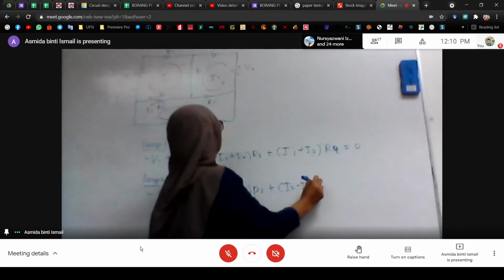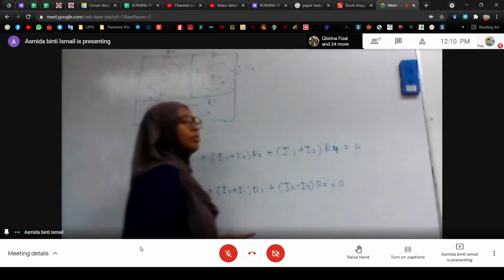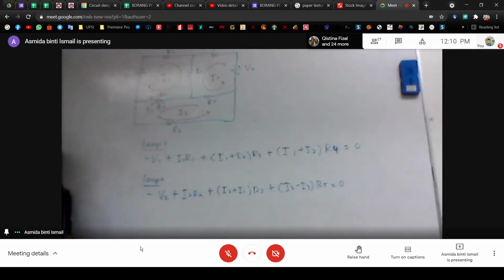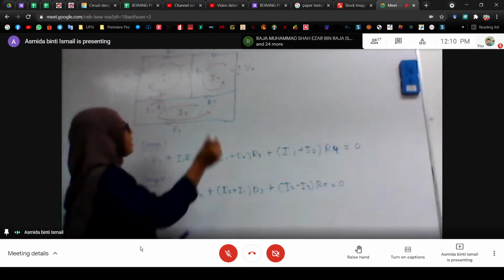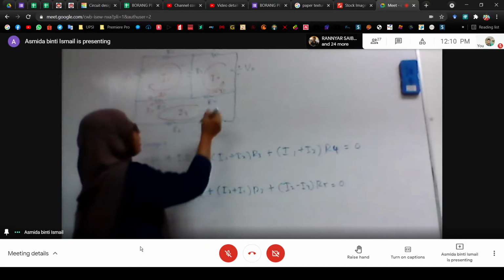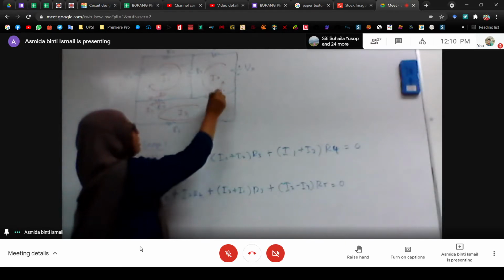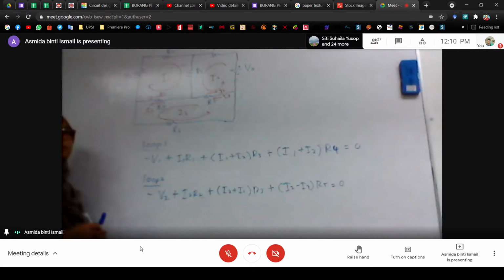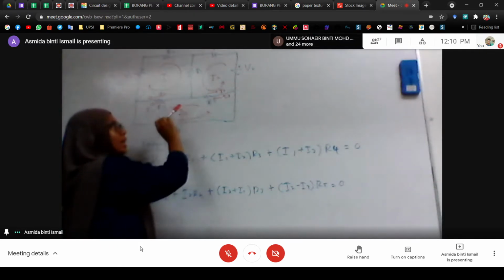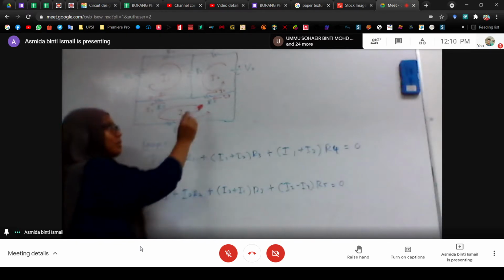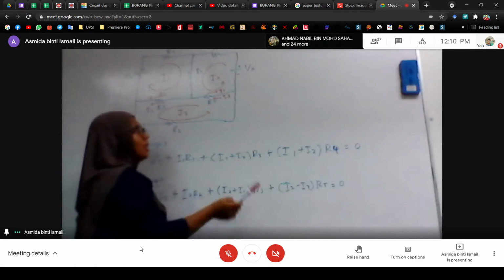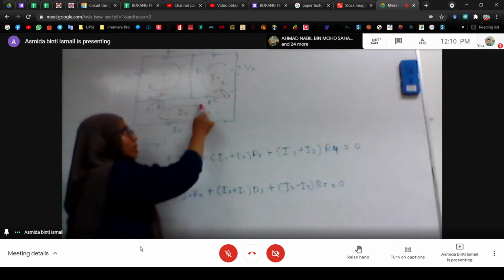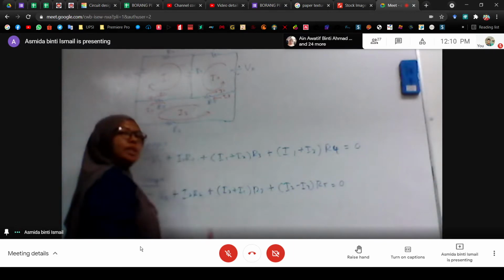So (I2 minus I3) times R5. Why I2 minus I3? Because this is I2 and this is I3. I3 flows through here, I2 flows through here. So for this loop, you need to subtract, I2 minus I3, when you do the negative voltage for loop 2.